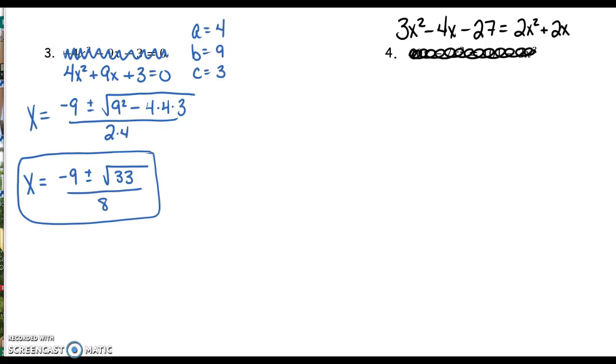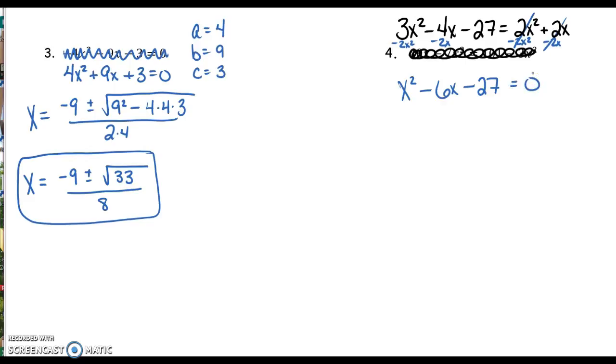What we need to do is get this into standard form. So we are going to subtract 2x squared from both sides and subtract 2x on both sides. That will give us x squared minus 6x minus 27 equals 0.